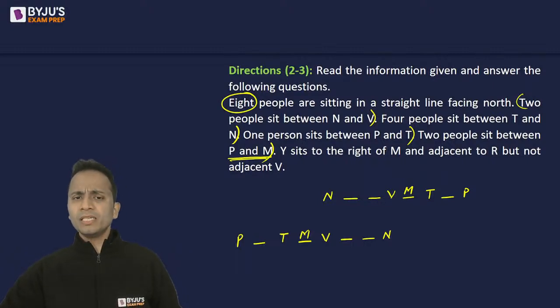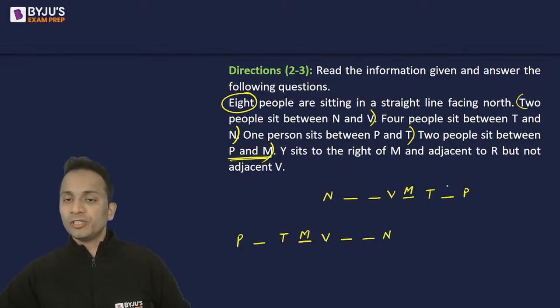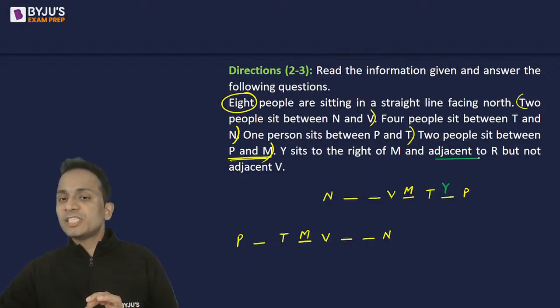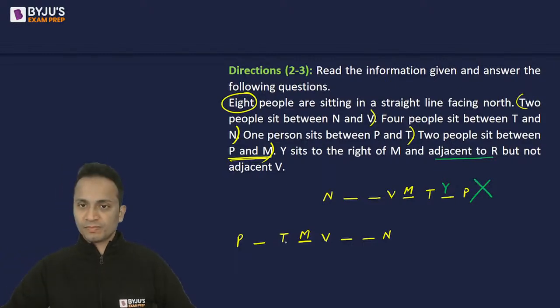Done. Now, next condition, Y sits to the right of M and adjacent to R. Now, Y will sit to the right of M. In the first case, on the right of M, there is only one chair. So if Y sits here, Y will not be able to sit adjacent to R. So I will eliminate the first case, and we'll look at the second case.